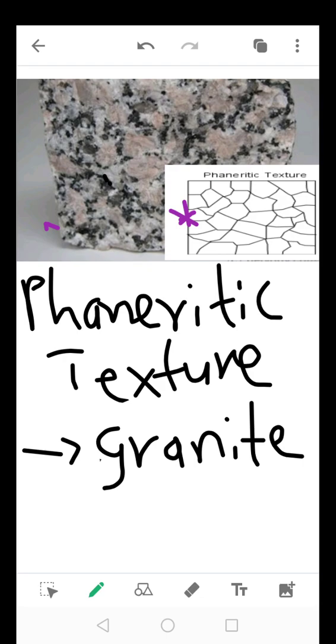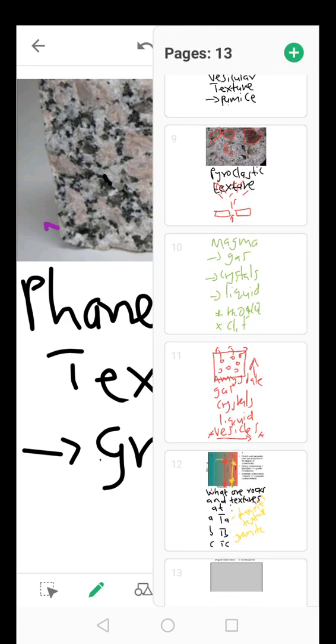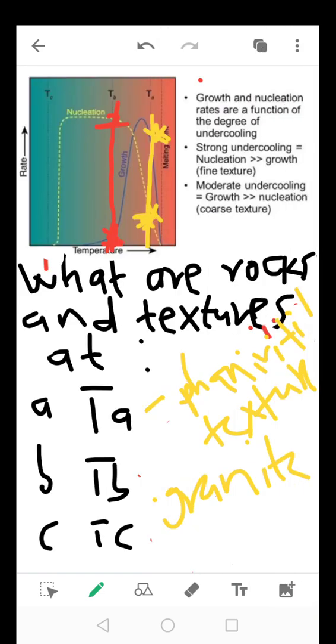So look at the phaneritic texture that we already explained. The crystals can be seen with our naked eyes. So this is exactly what is happening in igneous petrology when we're talking about textures.